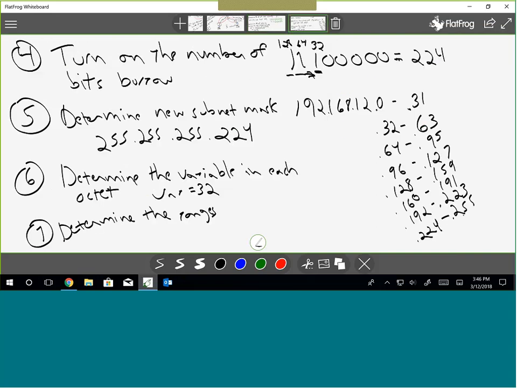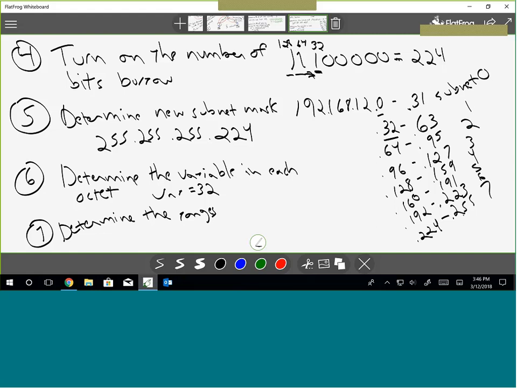Be aware that they call this one subnet 0, and then 1, 2, 3, 4, 5, 6, 7. So it's still 8 subnets. But if you're ever asked to give subnet 1 of this particular setup, subnet 1 would actually be this, not the subnet 0. So read your questions carefully when you're taking a test or doing any type of work for the curriculum.